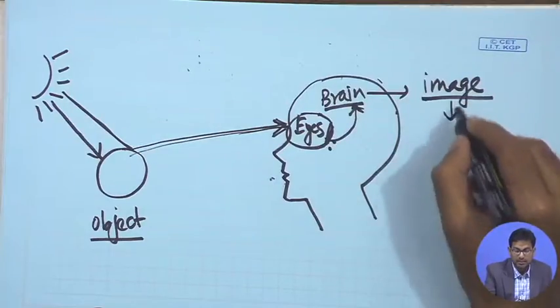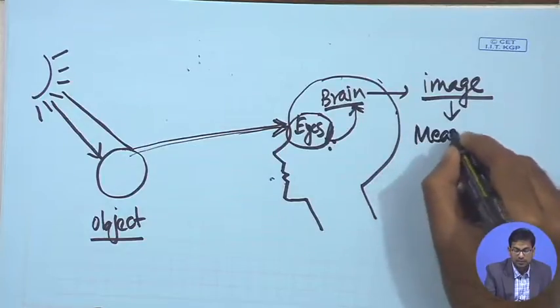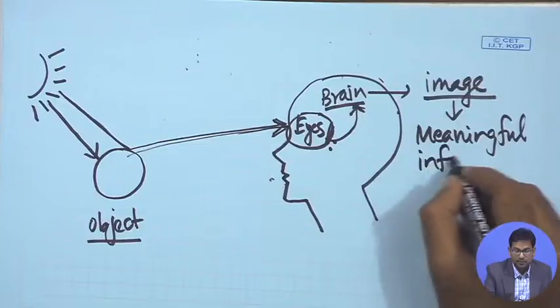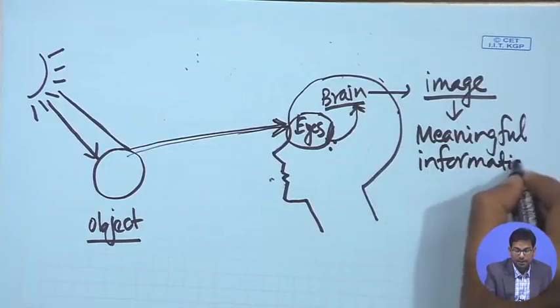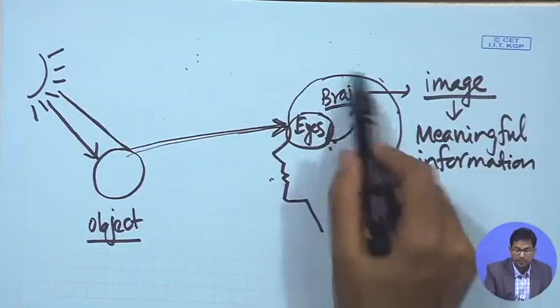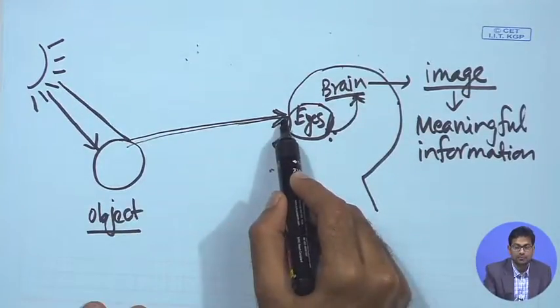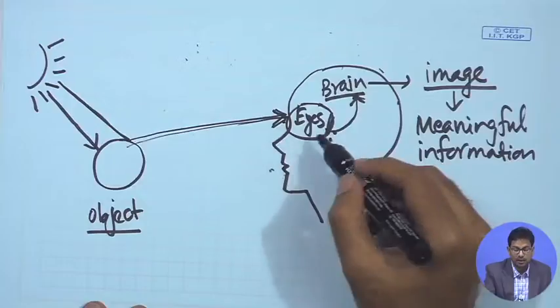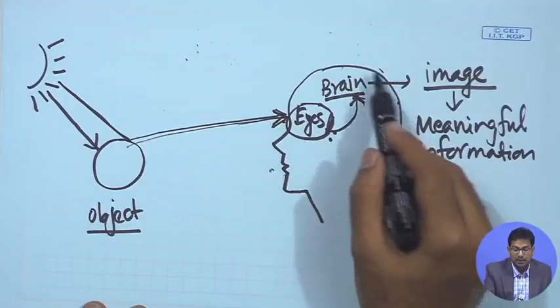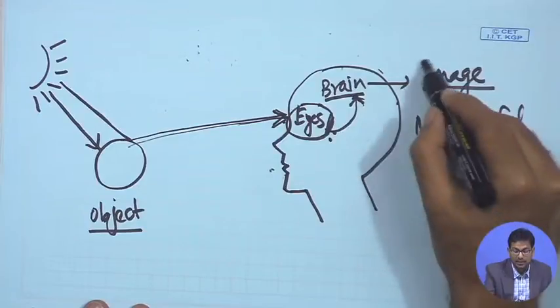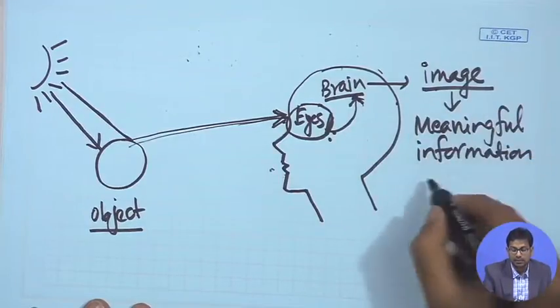And an image is nothing but meaningful information to us. So the brain, based on the light reflected from various objects around us, forms an image, and the image is nothing but meaningful information.